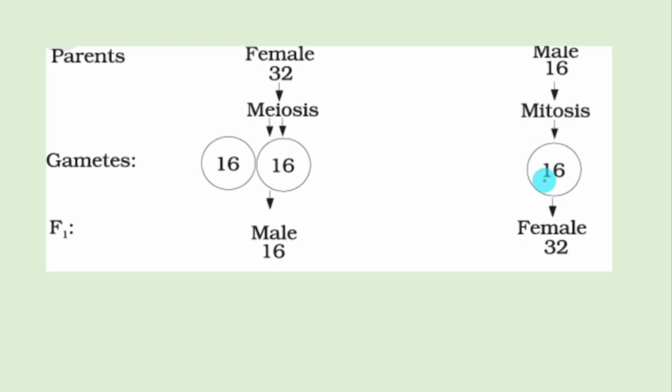We just need haploid cells over here. So when one haploid gamete fertilizes with another, a female will be produced because it will be diploid. But this other cell which remains unfertilized will develop into a male.